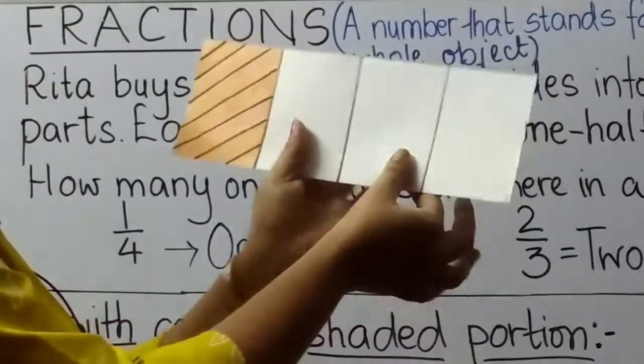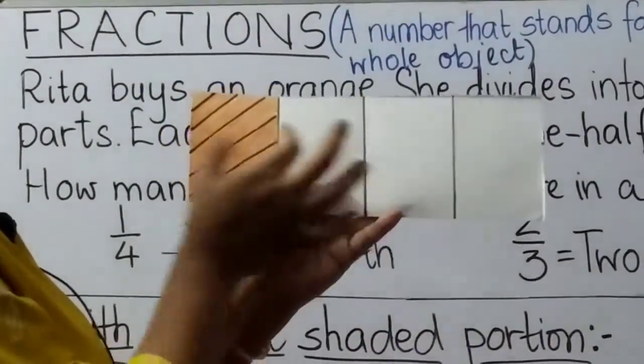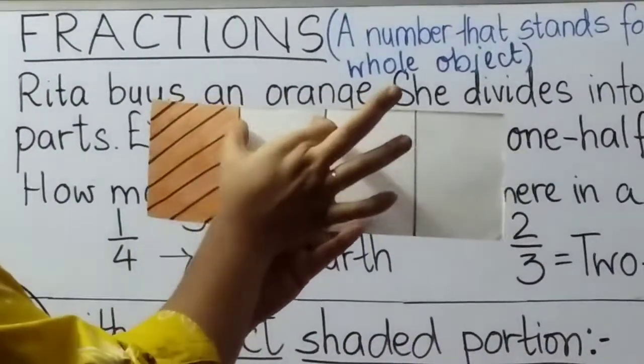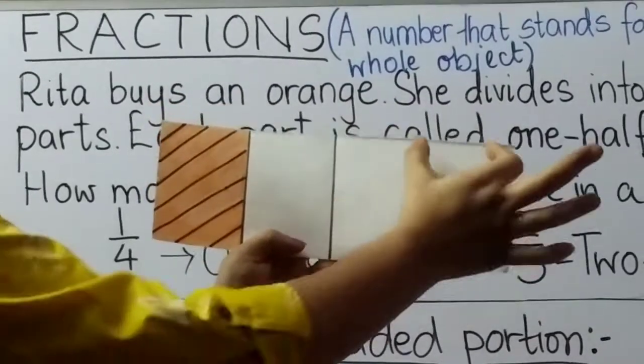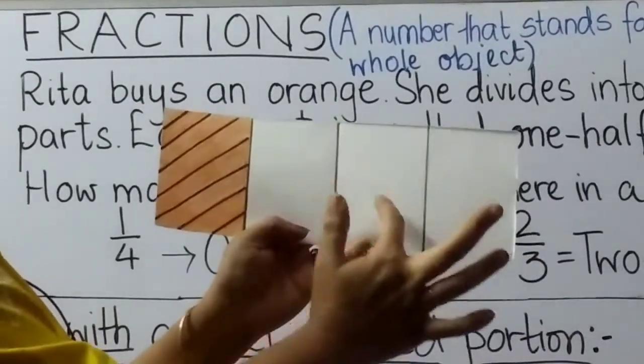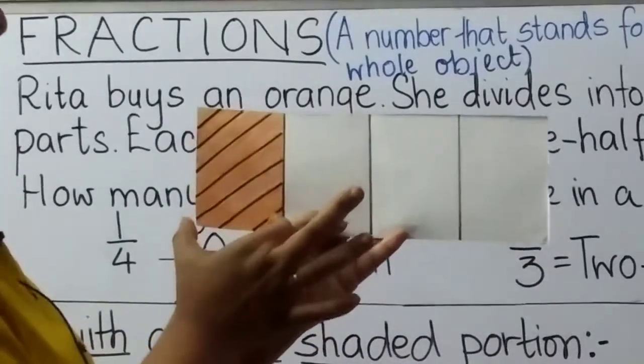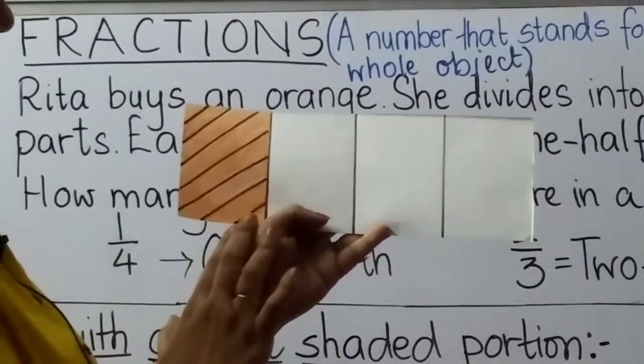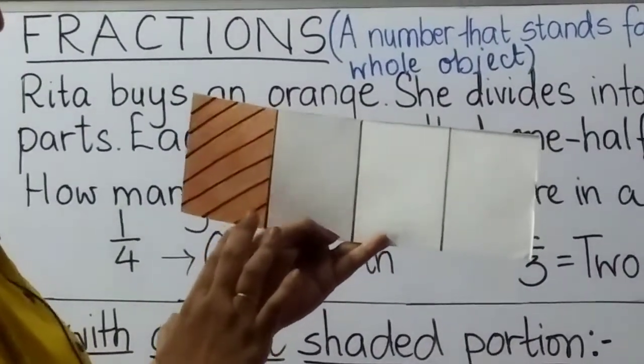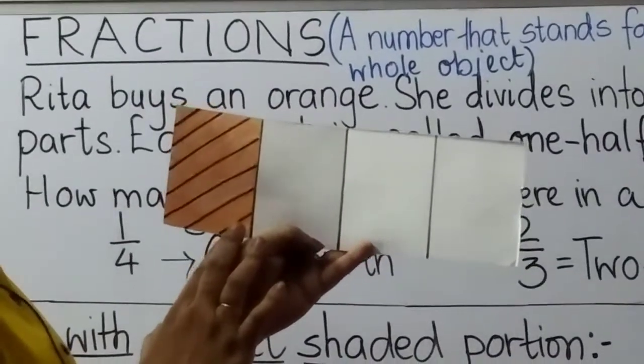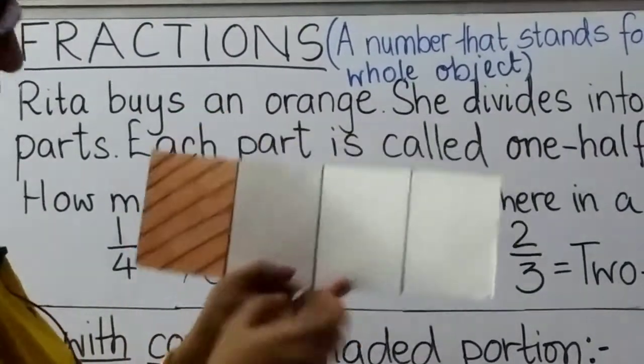Now look at this sheet. Here are four parts. 1, 2, 3, 4. Among these four parts, one part is shaded. So it denotes 1/4.